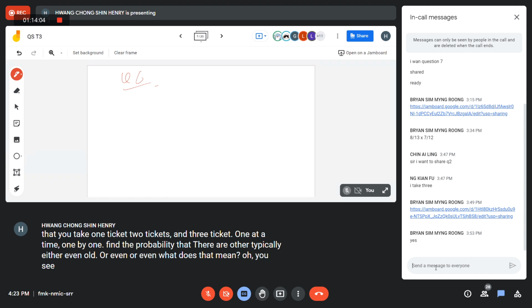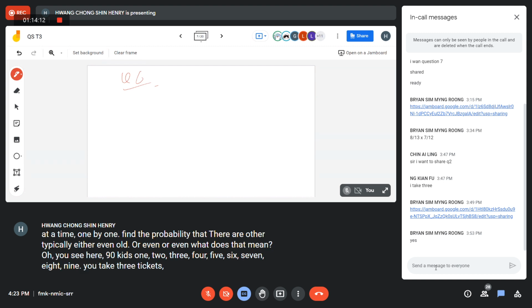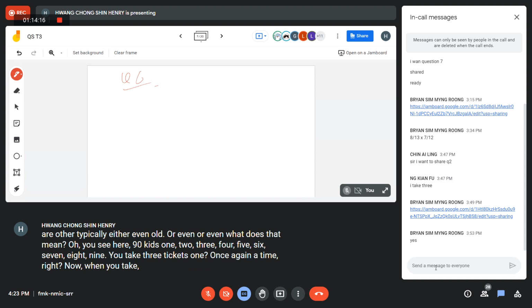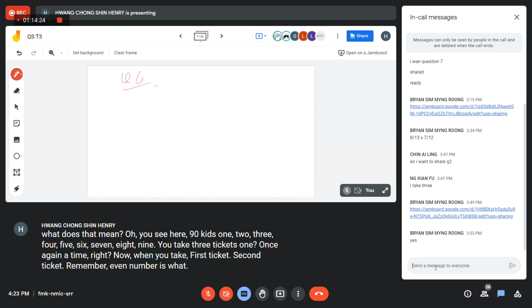Now you see you have 9 tickets: 1, 2, 3, 4, 5, 6, 7, 8, 9. You take 3 tickets, one ticket at a time, right? Now, when you take the first ticket, second ticket, and third ticket, remember, even numbers are 2, 4, 6, 8.